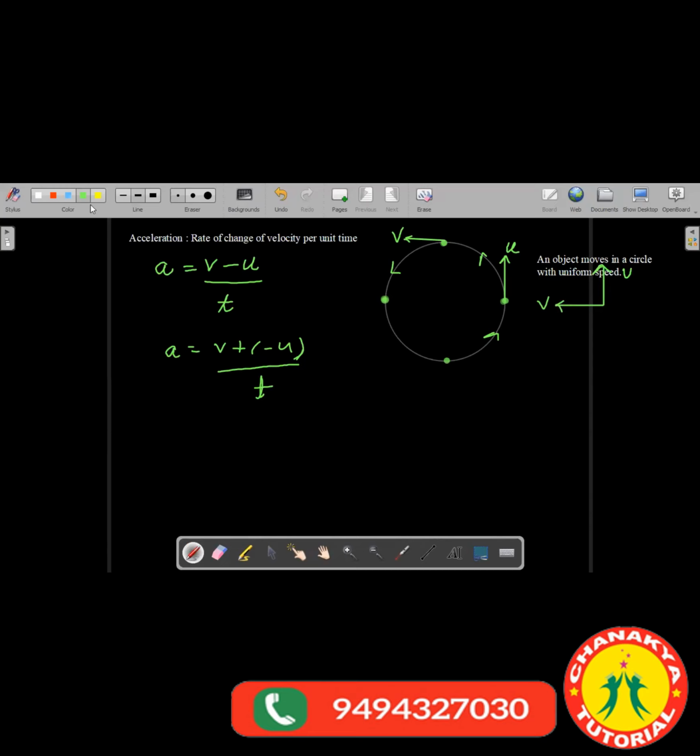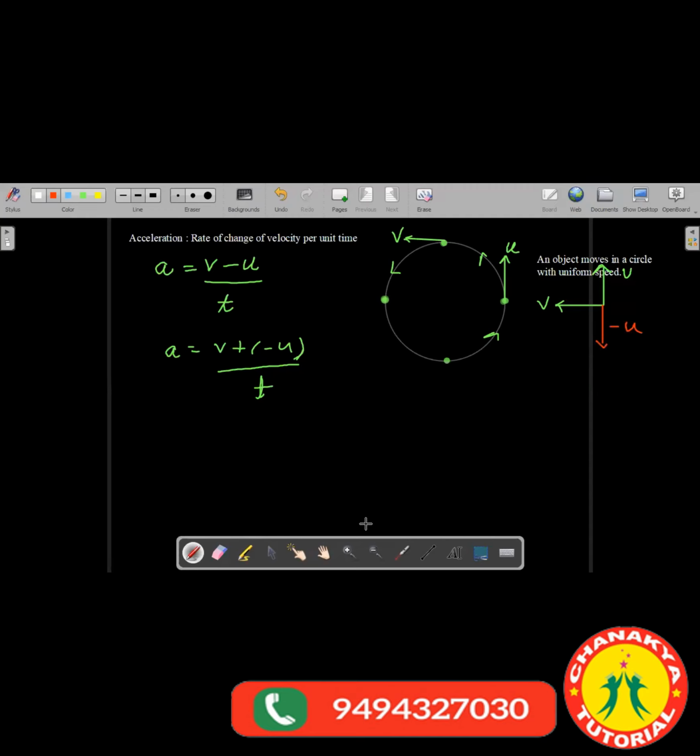Now if you have to take minus u, it will be a vector of the same magnitude but in the opposite direction. So we'll be putting here minus u. Okay. So this will be our minus u. And now using the parallelogram law of vector addition, we can find out the magnitude of acceleration.